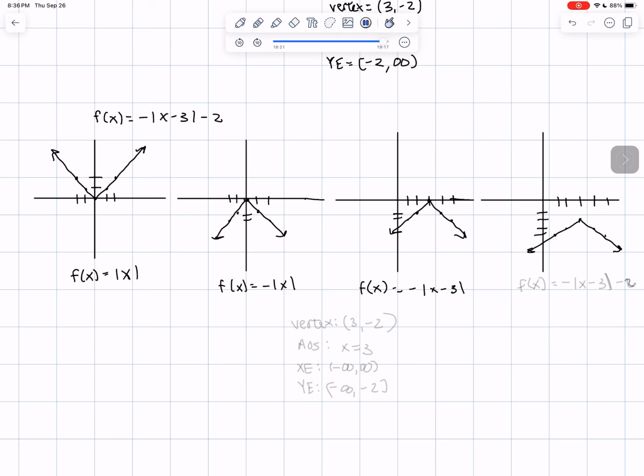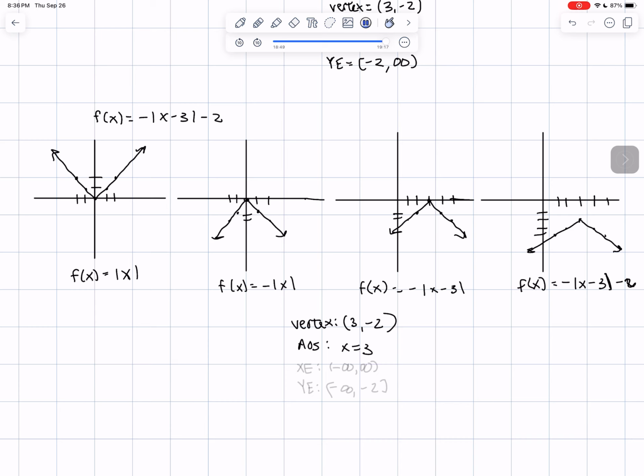Let me write it out. And then, so what's our vertex? Our vertex, is it going to be the same? I think so, yeah. So 3, -2. Axis of symmetry, it's going to be the same again. So x equals 3.